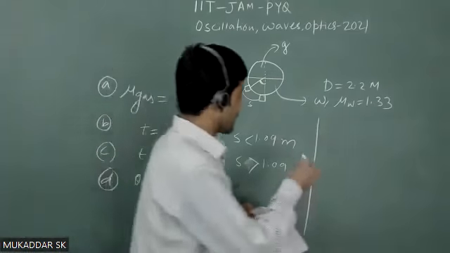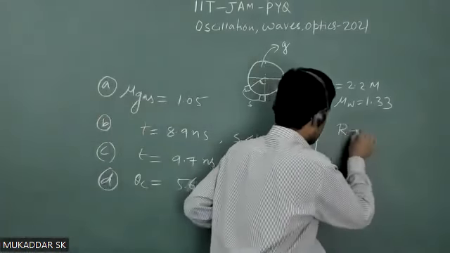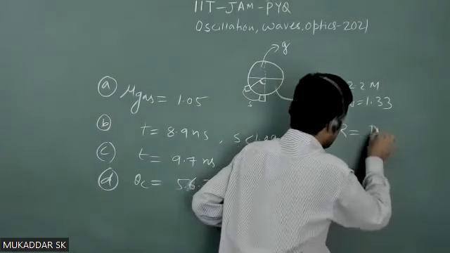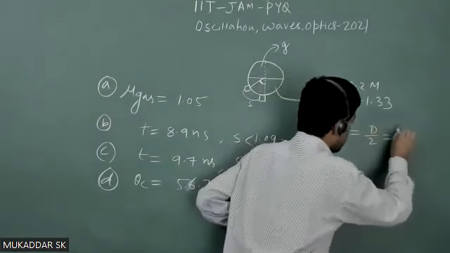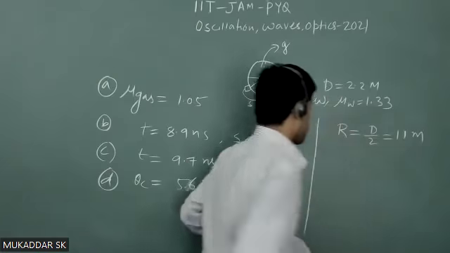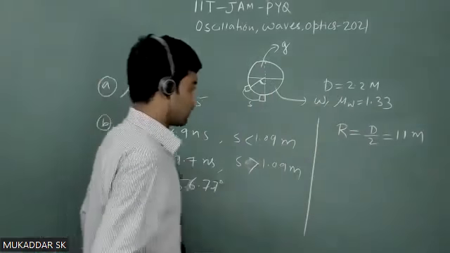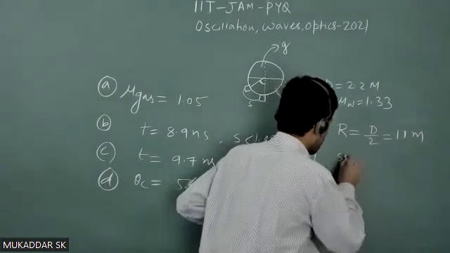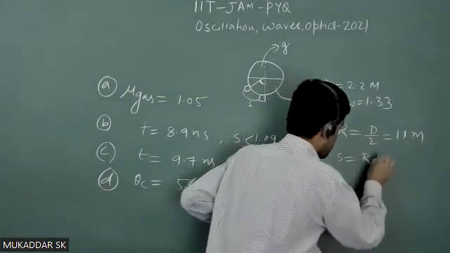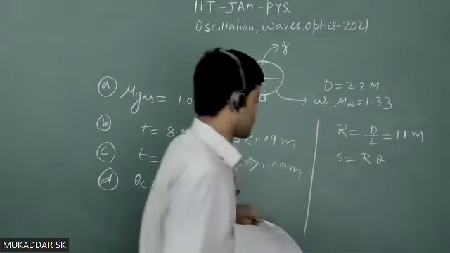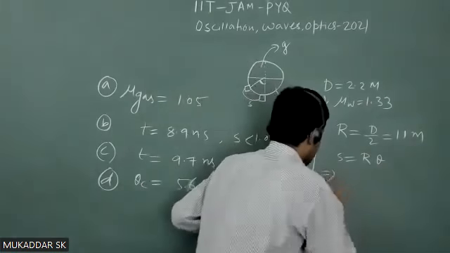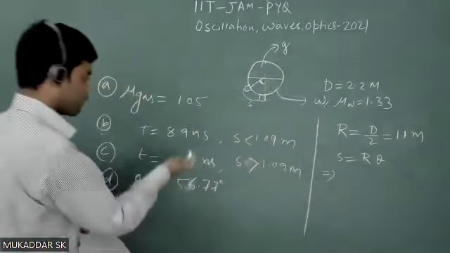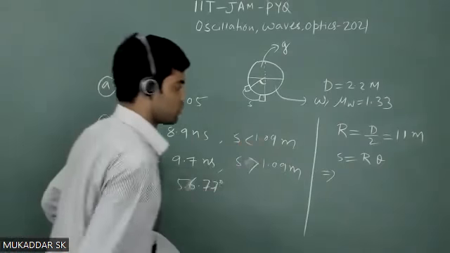Since the diameter is given, I can calculate the radius of this cylinder, which is d by 2, that is 1.1 meter. Now I know that for any circular or curved surface, s equals r theta. So s corresponding to 1.09 meter will have theta equals theta c.